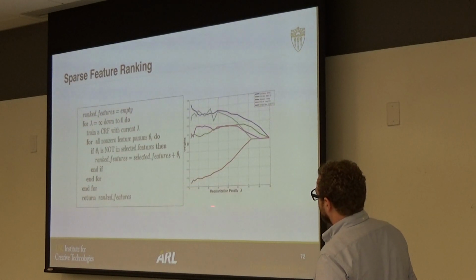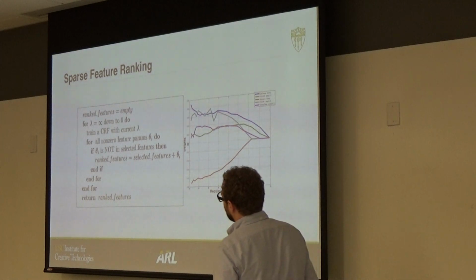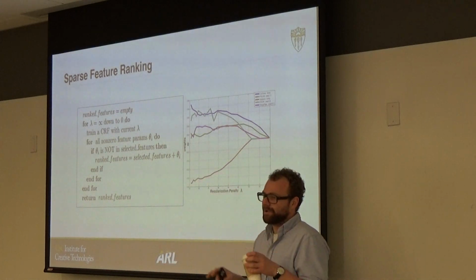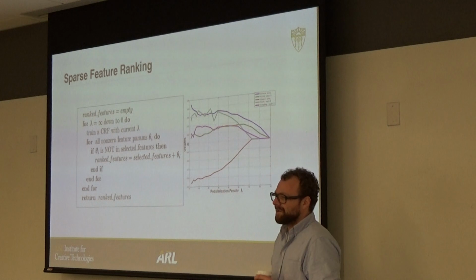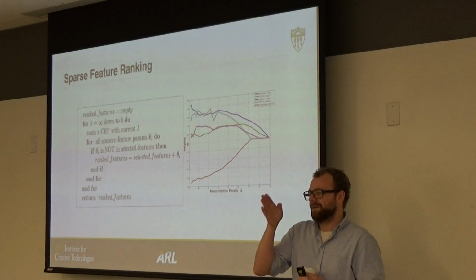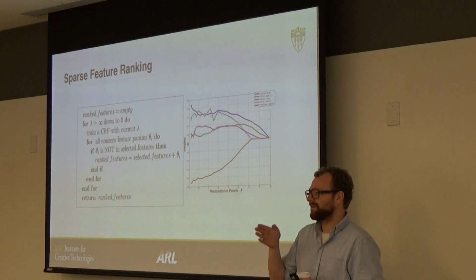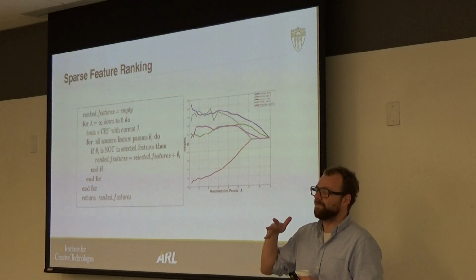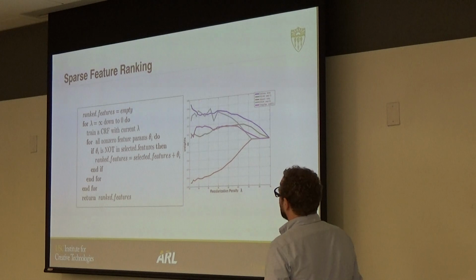This is just an example algorithm for finding out which is the most important feature. So you can basically use these CRF models to identify which features are the most powerful to detect a certain behavior.